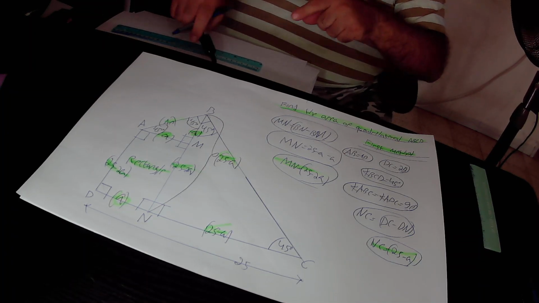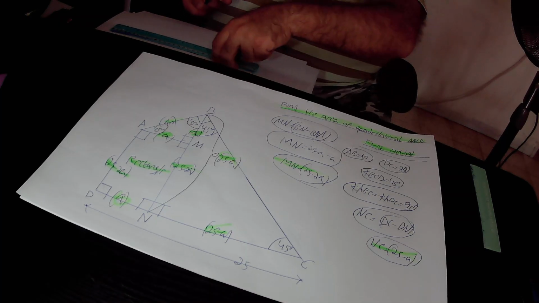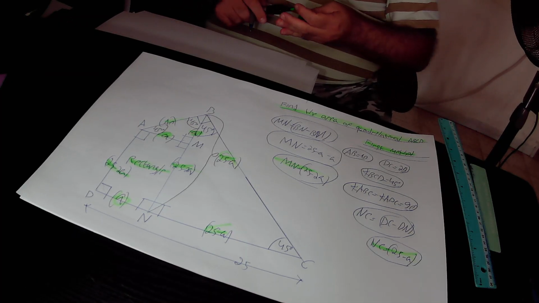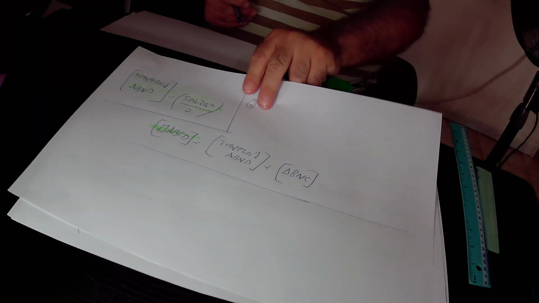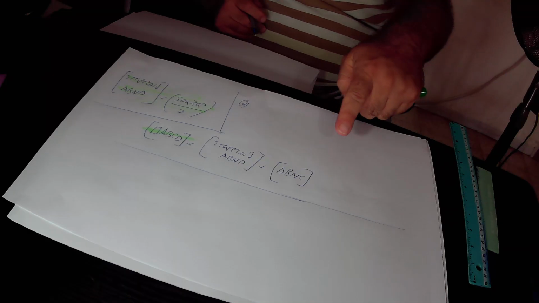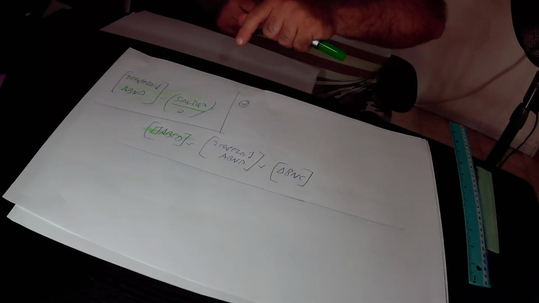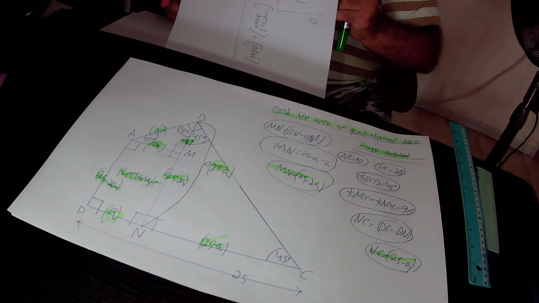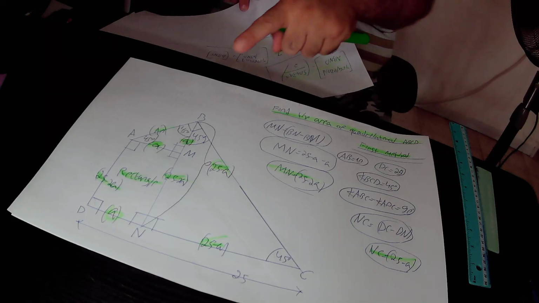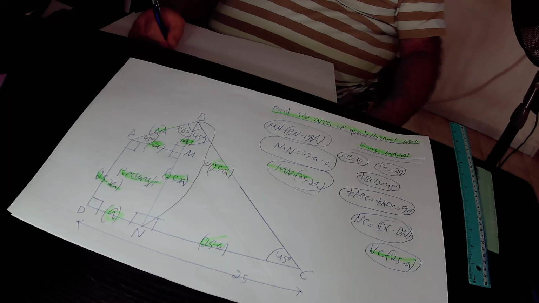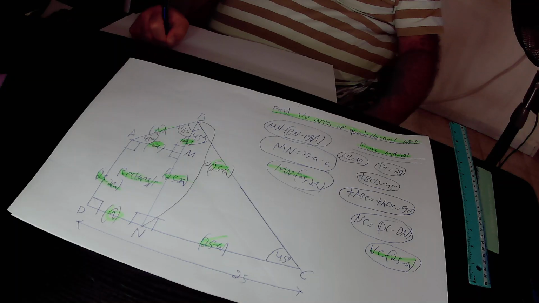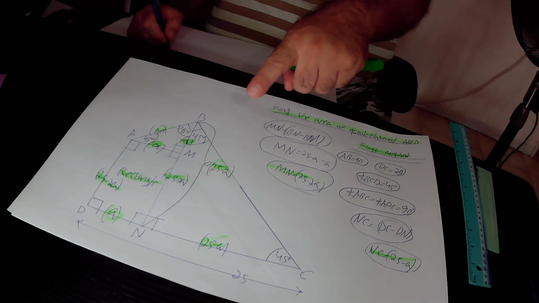The area that we are looking for in this question, the area of this quadrilateral ABCD, in total is equal to the area of trapezoid ABND plus the area of the right triangle BNC. We already found out that the area of this trapezoid ABND is equal to 50A minus 3A squared over 2 plus the area of this right triangle BNC.